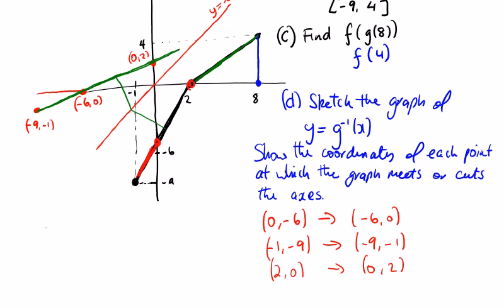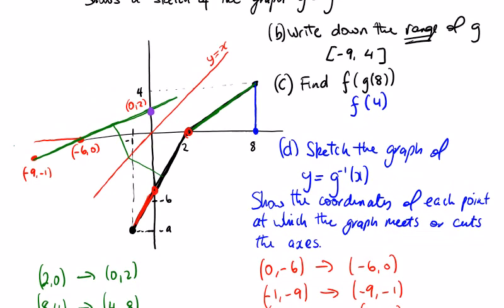What points have we got? We've got the points 2, 0 and 8, 4. So the inverse of those is going to be 0, 2 and 4, 8. So change color. So 0, 2 and 4, 8.